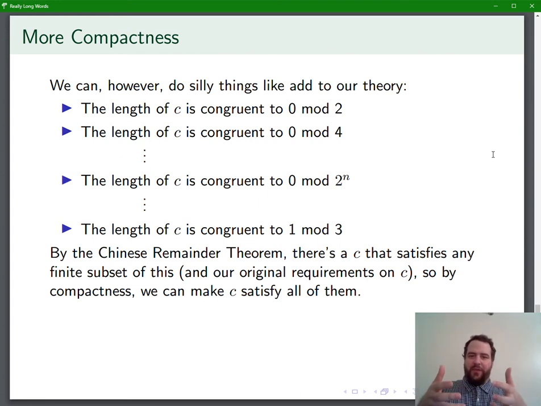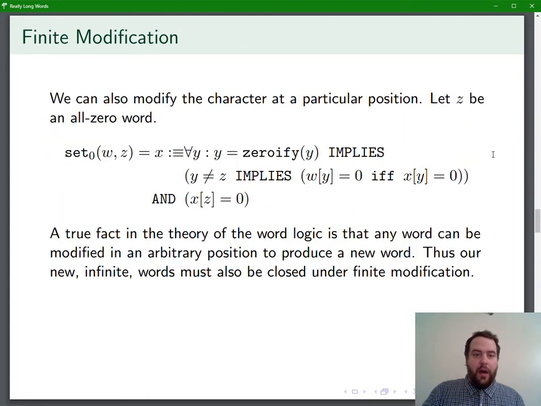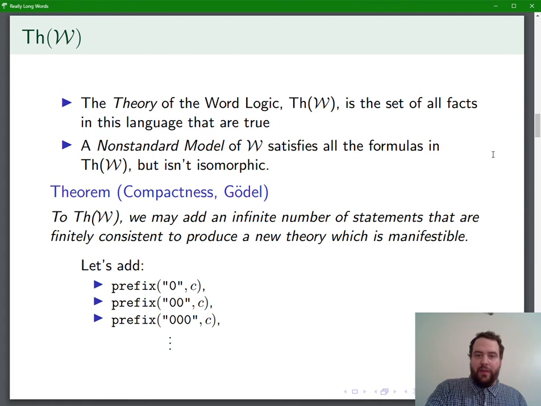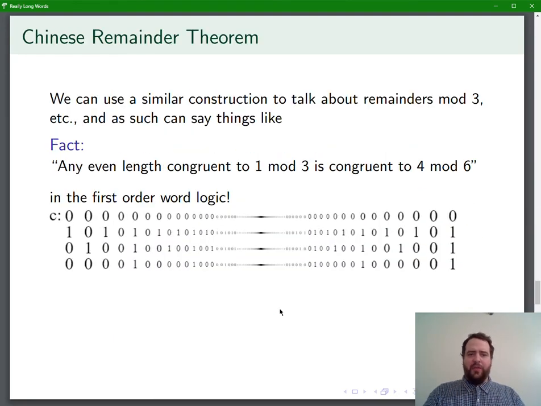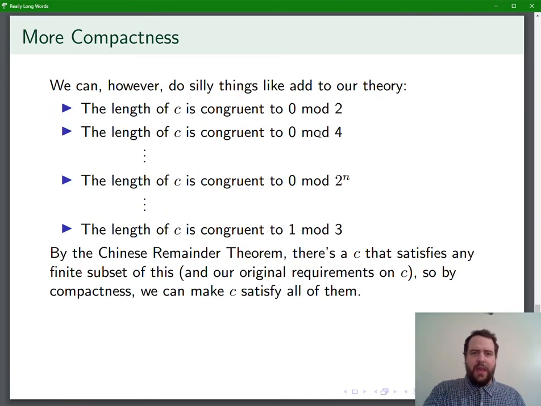It's a set of formulas that you can't find a finite C that does this, but any finite subset of this and all of the formulas that we had before, on this slide, so the formulas involving that 0 is a prefix of C, and 0, 0 is a prefix of C, and 0, 0, 0 is a prefix of C, any finite set of those formulas and these formulas is satisfiable by a sufficiently large finite word consisting of all zeros C. And what that means is that we can make our non-standard model satisfy these properties.